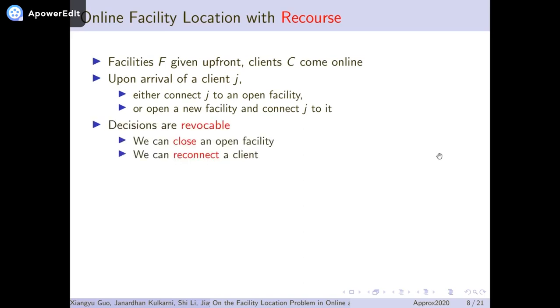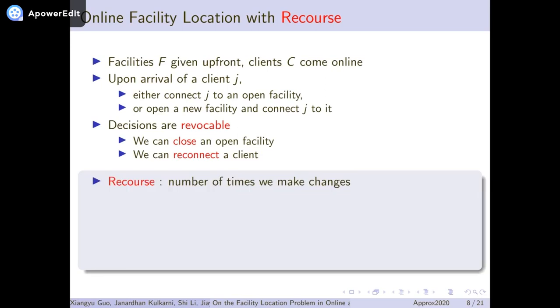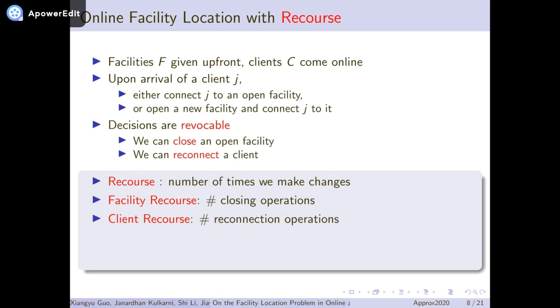The difference is that the decisions are revocable. We can make changes to the connections, and we can also close an open facility. We define the recourse to be the number of changes we may make. This includes facility recourse due to closing operations and client recourse due to reconnection operations.